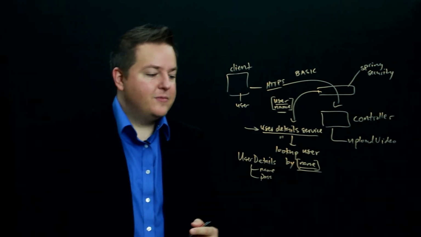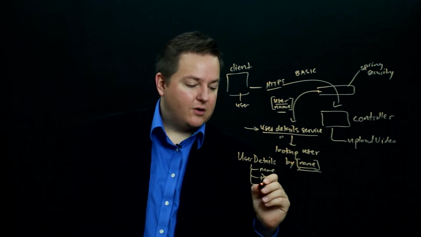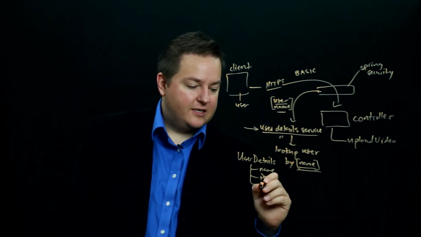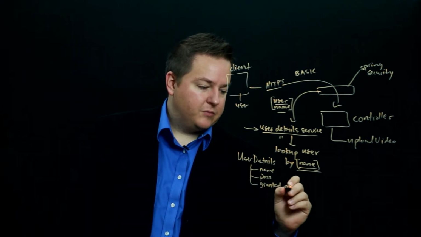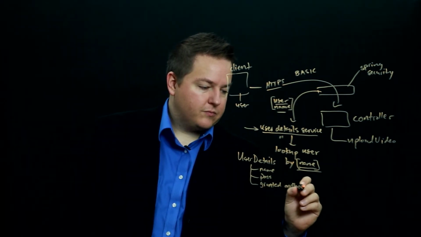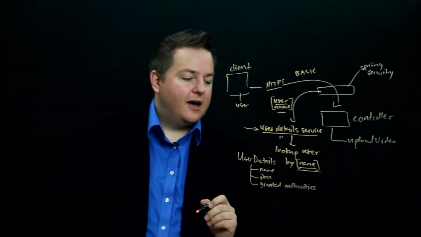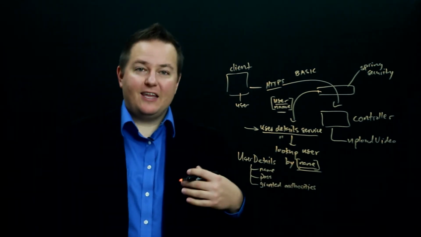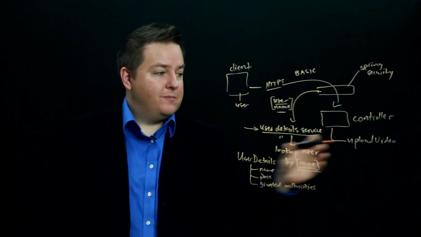And then finally, it has a field in here that you'll want to know about, which is called the list of granted authorities. And what these granted authorities are is if you add something like @PreAuthorize onto your methods in your controller.